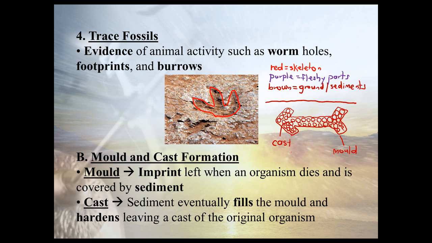And once that sediment hardens, again, because it's underneath the ground, subjected to really, really high pressure, these particles start to get crushed or compacted together. Then we get a cast of the original organism.